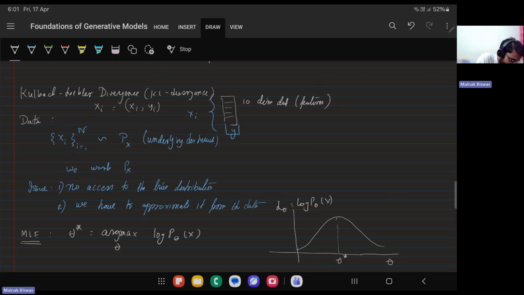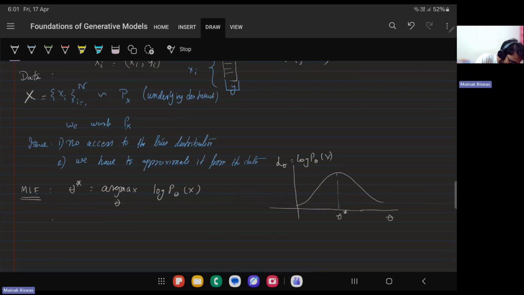And for the entire data, our assumption is that data is IID, independent and identically distributed from P(x).